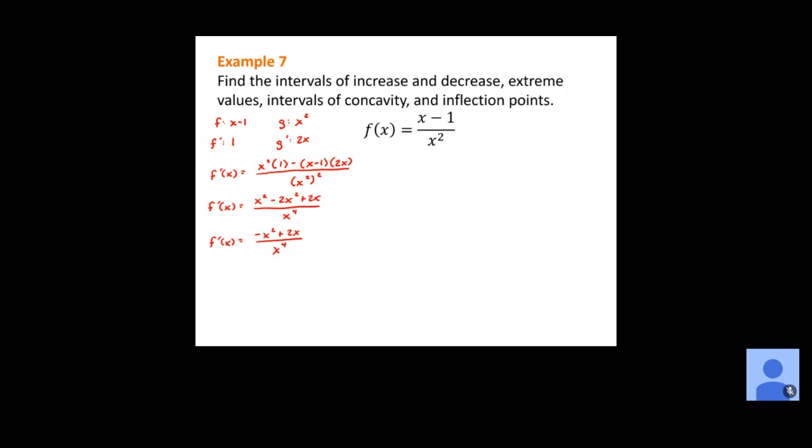Okay, good. Find your critical numbers by setting it equal to 0. Perfect. So I'm going to set this equal to 0. And remember, critical numbers could come from the numerator or the denominator, because it could also be where it's undefined. I'm going to take the negative x squared plus 2x and set that equal to 0. And we also have to think about x to the fourth equals 0.